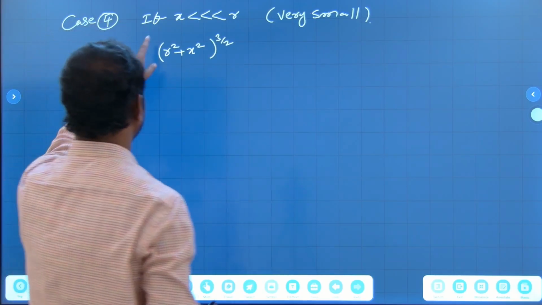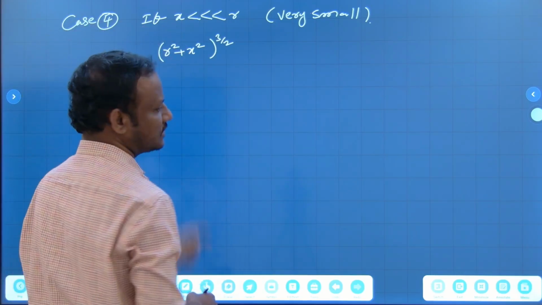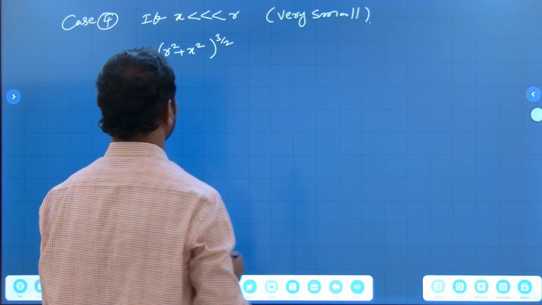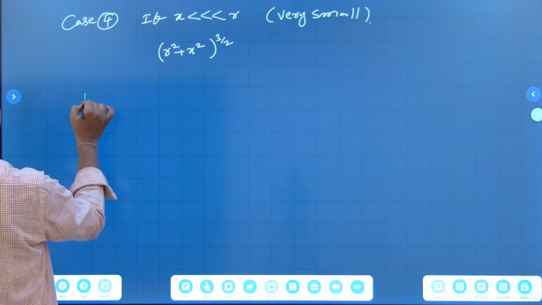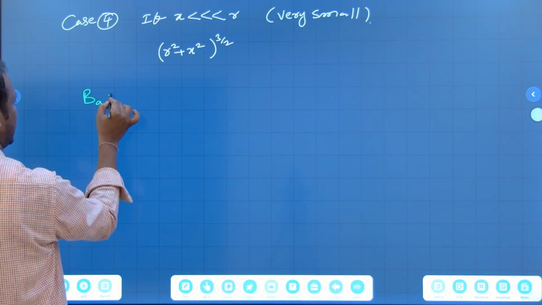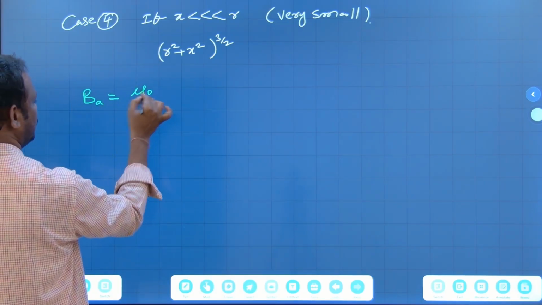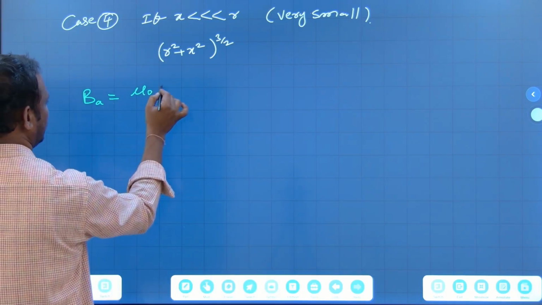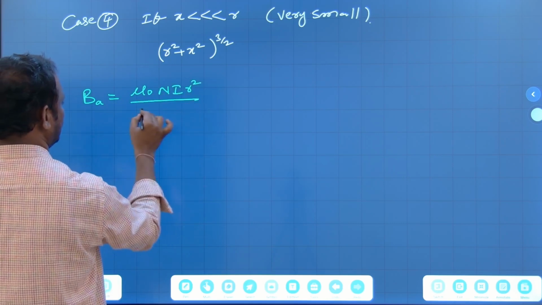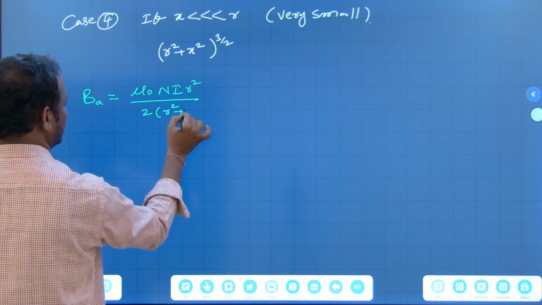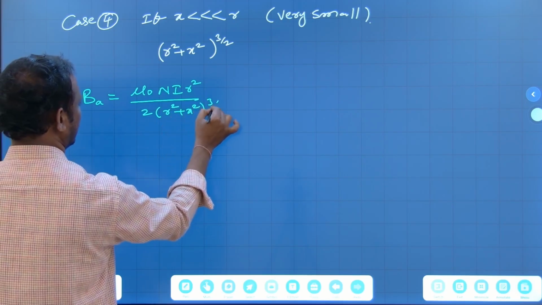In this case x is very small. I am talking about the magnetic field. B axial is equal to mu naught Ni r square by 2 into r square plus x square to the power of 3 by 2.